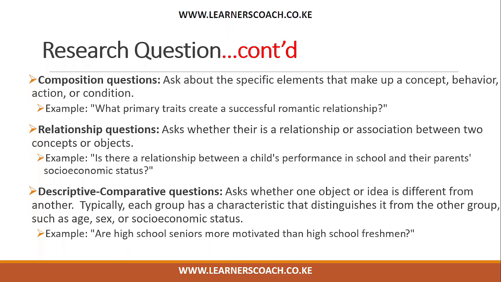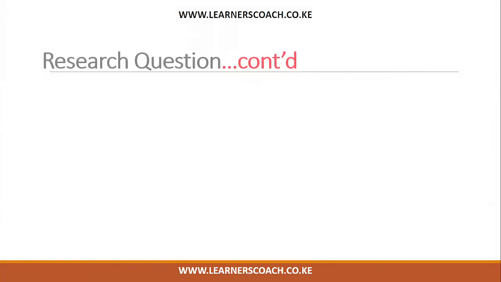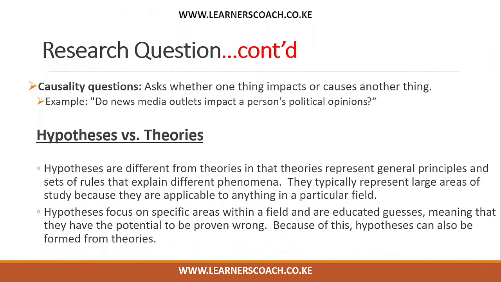The other very important question type that we need to understand is causality questions. This asks whether one thing impacts or causes another thing. For example, do news media outlets impact a person's political opinions? So those are some of the several research questions that you can factor in.